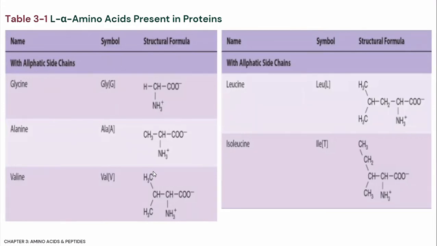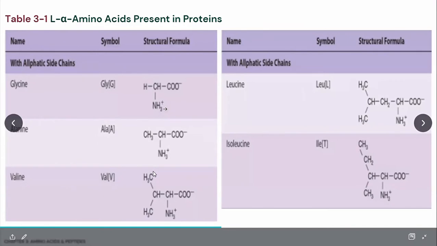And you have there the structural formula. You have the amino group and the carboxyl group. And this one here is supposed to have carbons that are attached here. But your glycine does not have additional carbons.